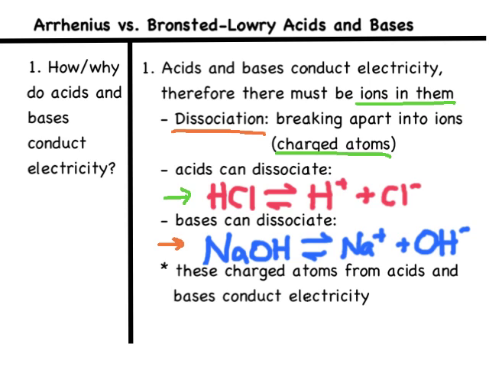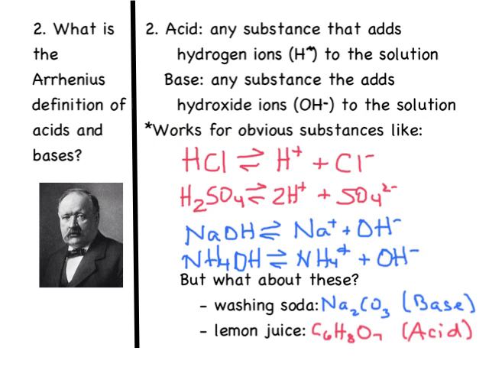Now let's see which particular ions are important for acids and bases. When we do that, we come to our second question, which is, what is the Arrhenius definition of acids and bases? He was the first person who thought of solutions being acidic versus basic, and he had a very simplistic definition. He said acids are any substance that adds a hydrogen ion to the solution.